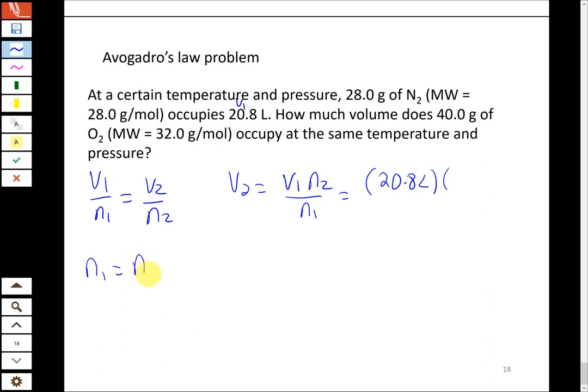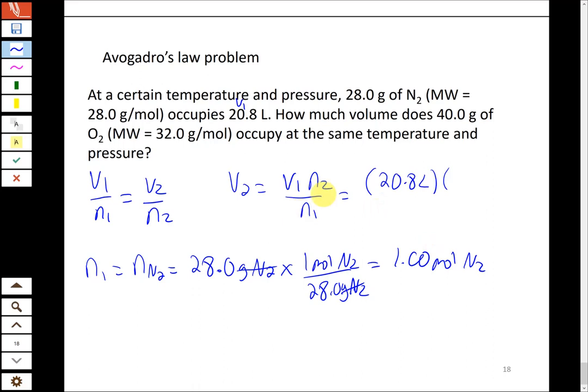So N1 is going to be the number of moles of nitrogen, and it's just a mass to mole conversion. We don't use masses a lot with gases, as it turns out, but the relationships are still true. So if we have 28 grams of nitrogen, this one we can do in our head because the molar mass of nitrogen is also 28. And so that gives us exactly 1 mole of N2.